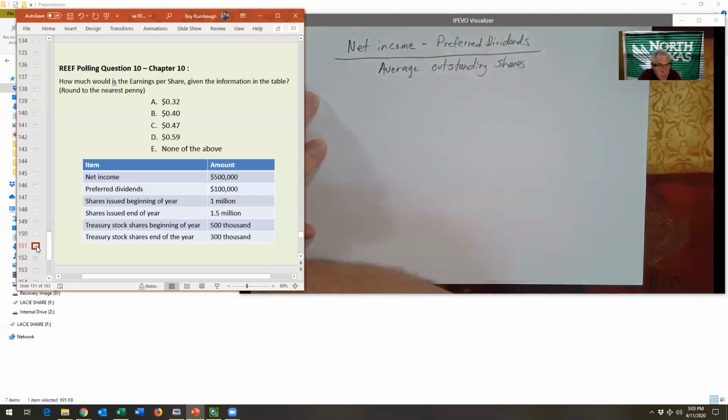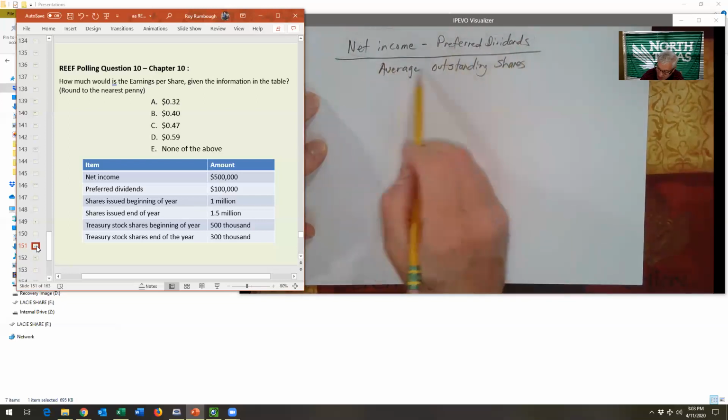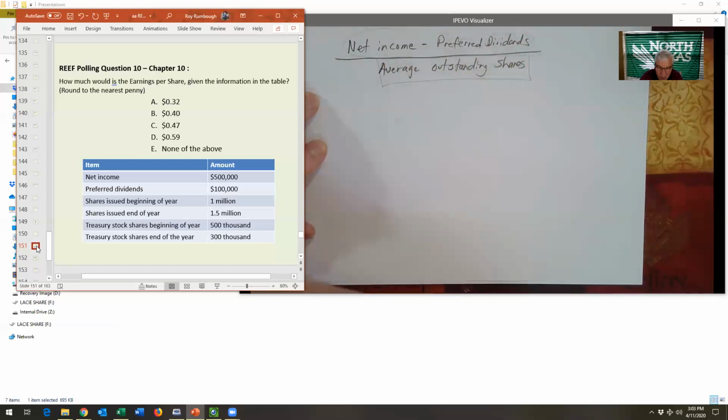So we're given the net income of 500,000. So this part is easy. That's 500,000 minus 100,000. Here's the hard part of this problem. What are the average outstanding shares?